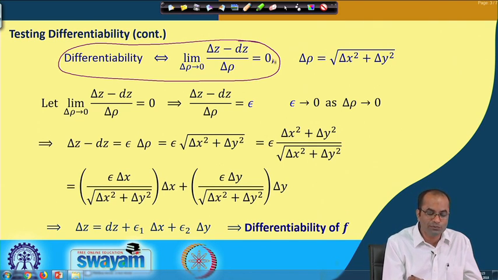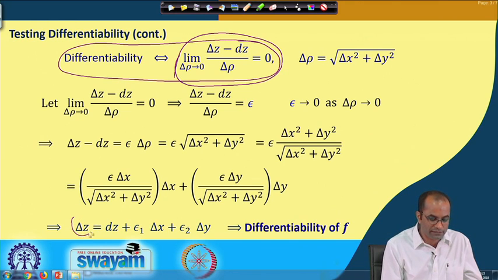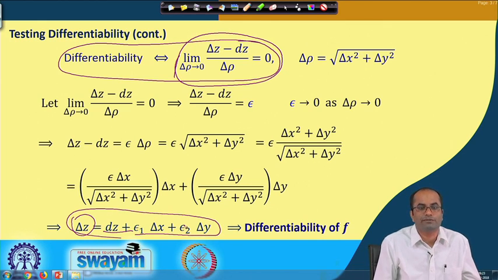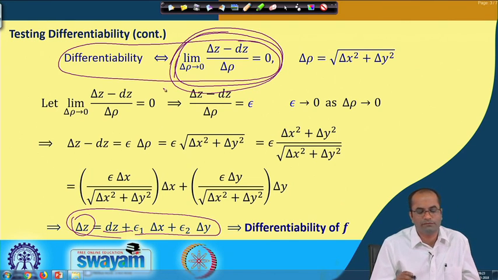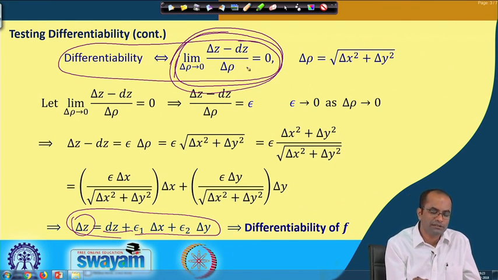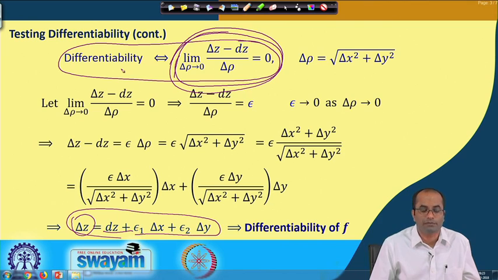So we can use this limit definition for testing differentiability, because getting this limit is easier than expressing delta z in terms of dz and the epsilon delta x, delta y terms. So most of the time we will use this definition to prove the differentiability of a function, because it is easier than the other definition.